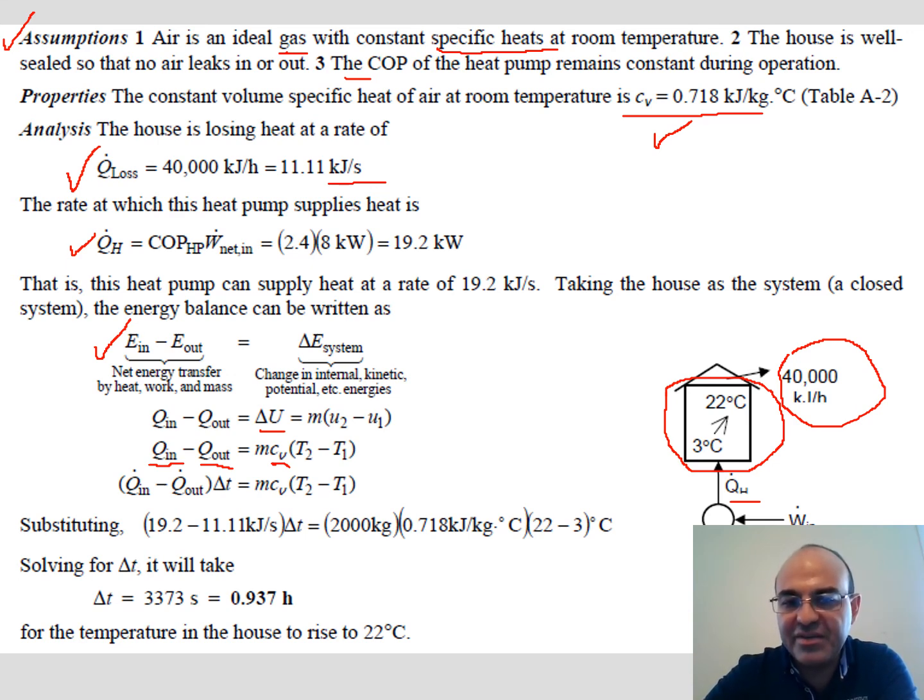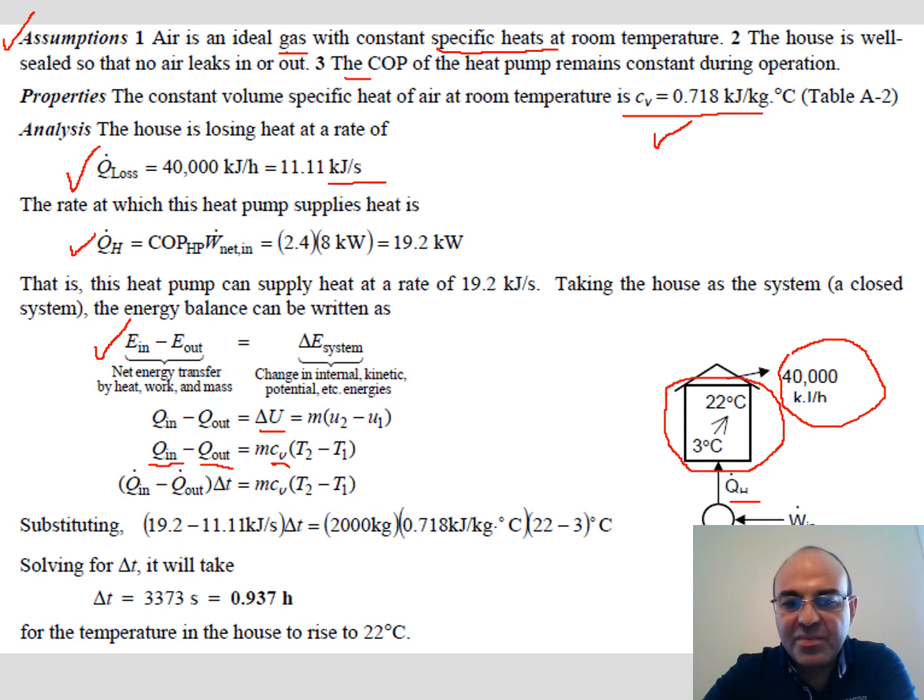Here we need C_V because we want to find delta U. If we had delta H, then we would need to use C_P.